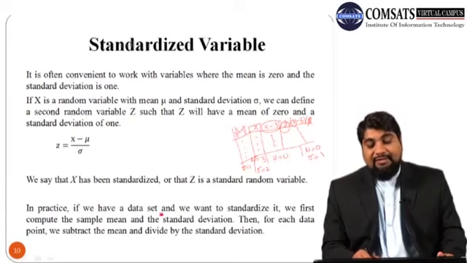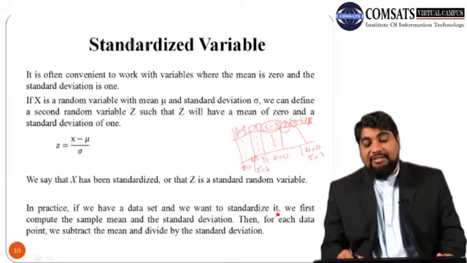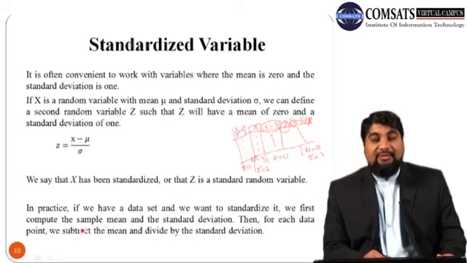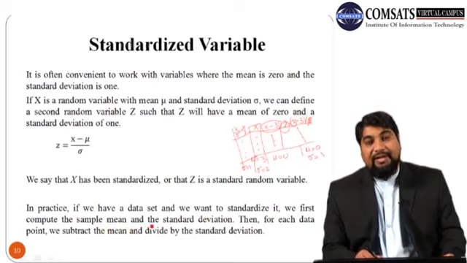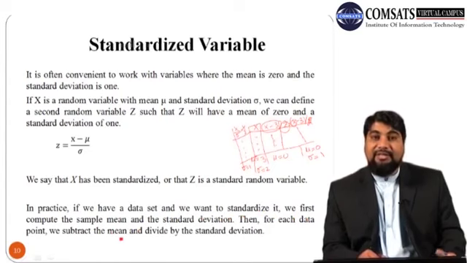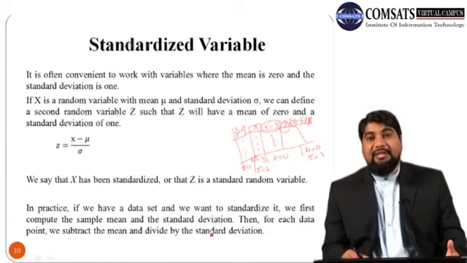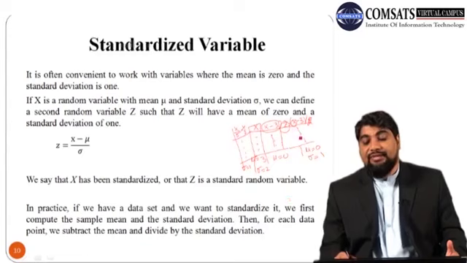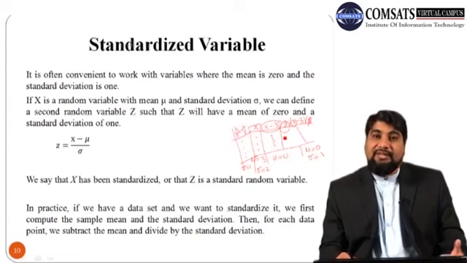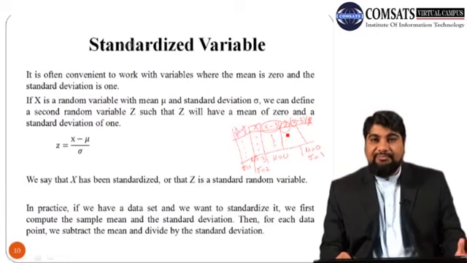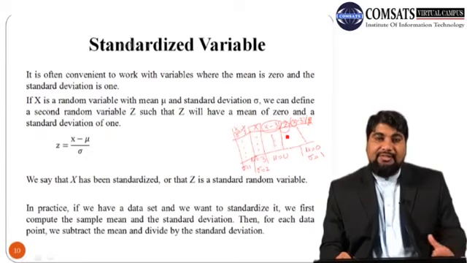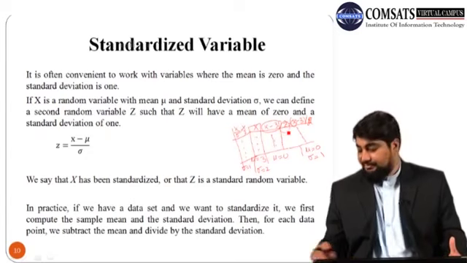In practice, to standardize a data set, we first compute the sample mean and the standard deviation, and then for each data point we subtract the mean and divide by the standard deviation to get a new variable z, which is a standardized random variable. This concept is very important, and we are going to use it in our next slide.